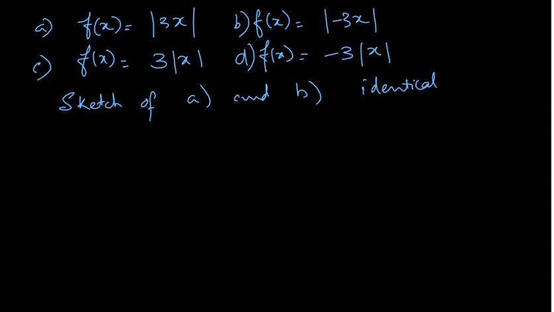In fact, even C is identical, because whether this 3 is inside or outside is not a big deal, as we are anyway multiplying with the 3. But then D is different, because it has only negative values.